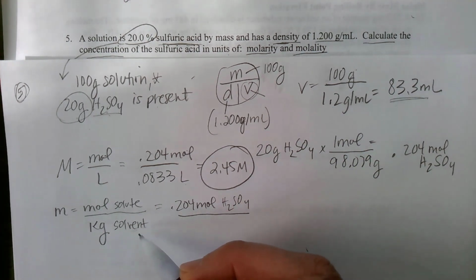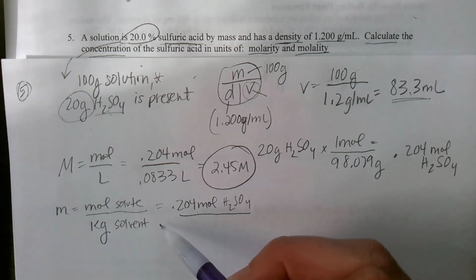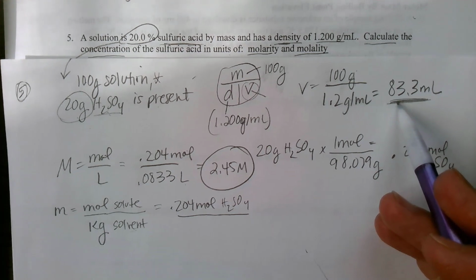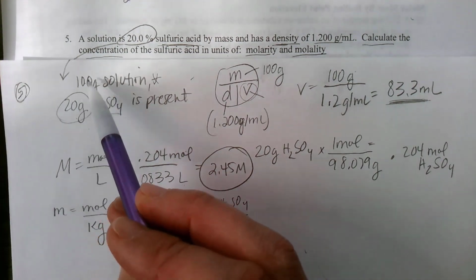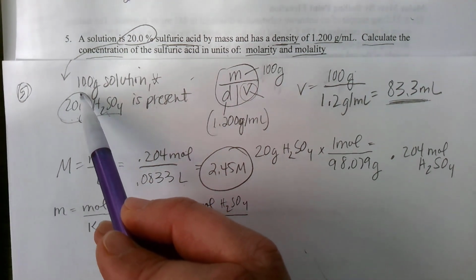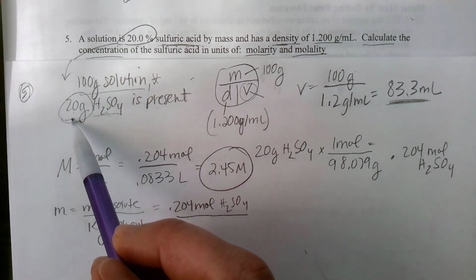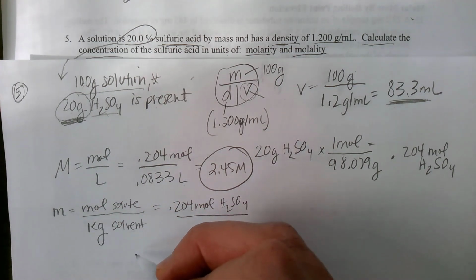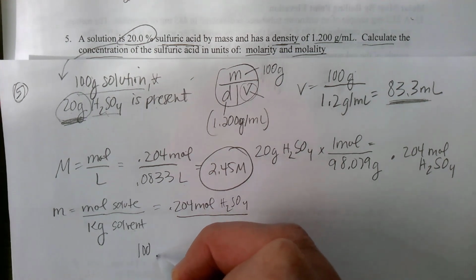Now, kilograms of solvent. I don't know how much solvent I had. I know the total volume of the whole solution, but if I go back to here, if I know that I had 100 grams of solution and 20 grams was H2SO4, I can just subtract these two.